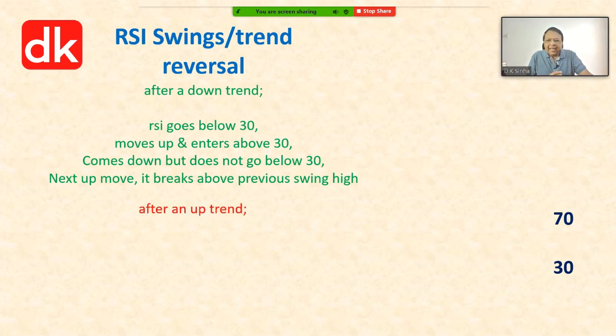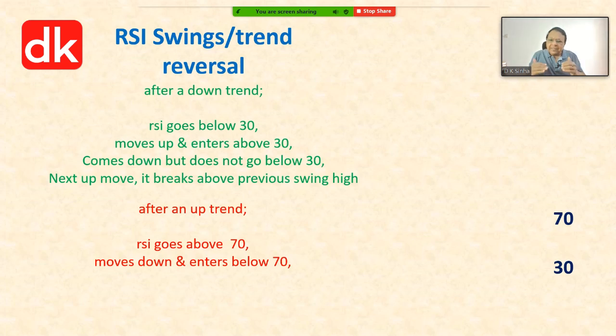And in an uptrending market, just the opposite happens. RSI goes past 70. In an uptrending markup phase, it has a tendency to go above 60 and may extend up to 80, which we have just now discussed. And this time RSI goes past 70 and what happens?